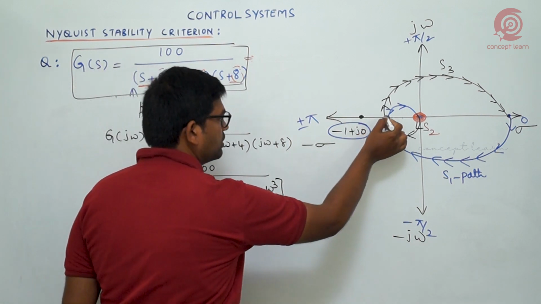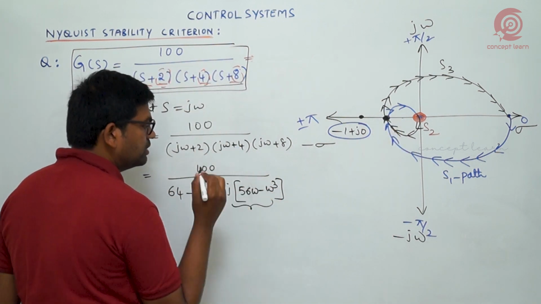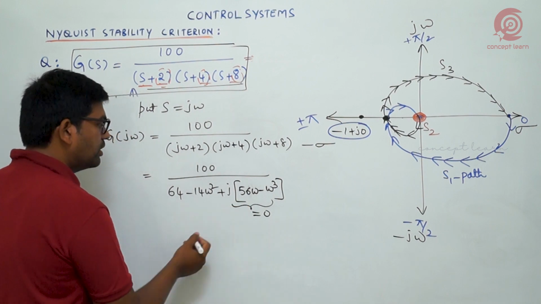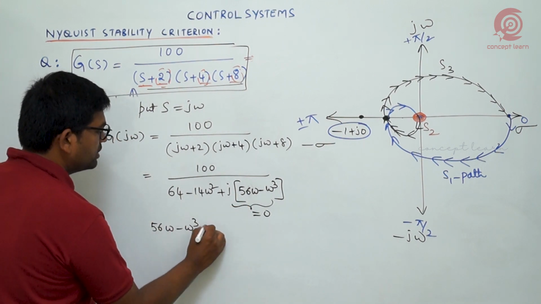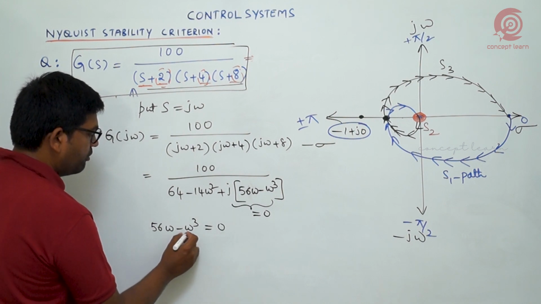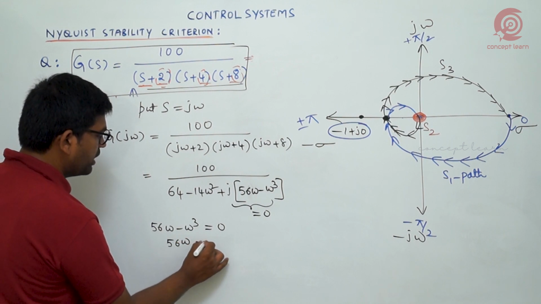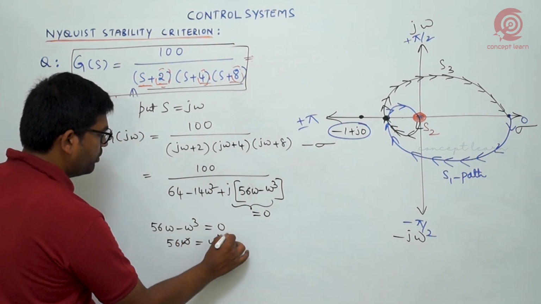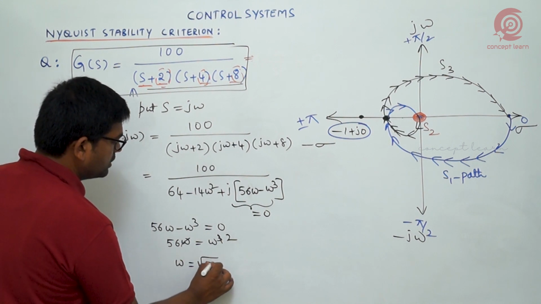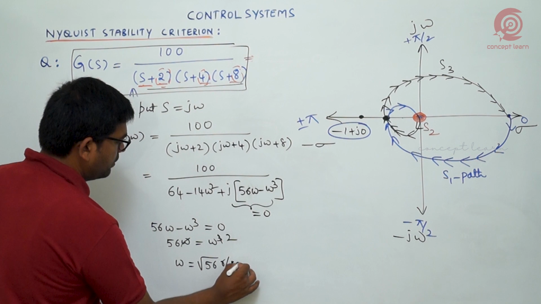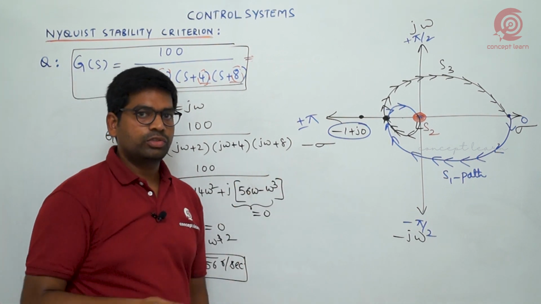To find this location, I am equating the imaginary part to 0. We get 56 omega minus omega cube is equal to 0. If you simplify, one omega gets cancelled, that is 56 omega is equal to omega cube. We get omega square is equal to 56, omega is equal to root 56 radians per second. This is the crossover frequency.